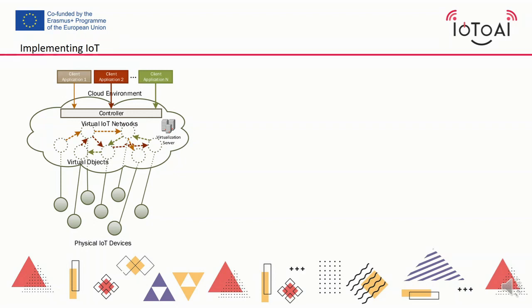We cannot forget that for implementing IoT, we have to take into account that we will work with physical IoT devices, but these devices will be managed as virtual IoT devices in a virtual IoT network, managed by a controller that will communicate with the final applications that are used by the clients.